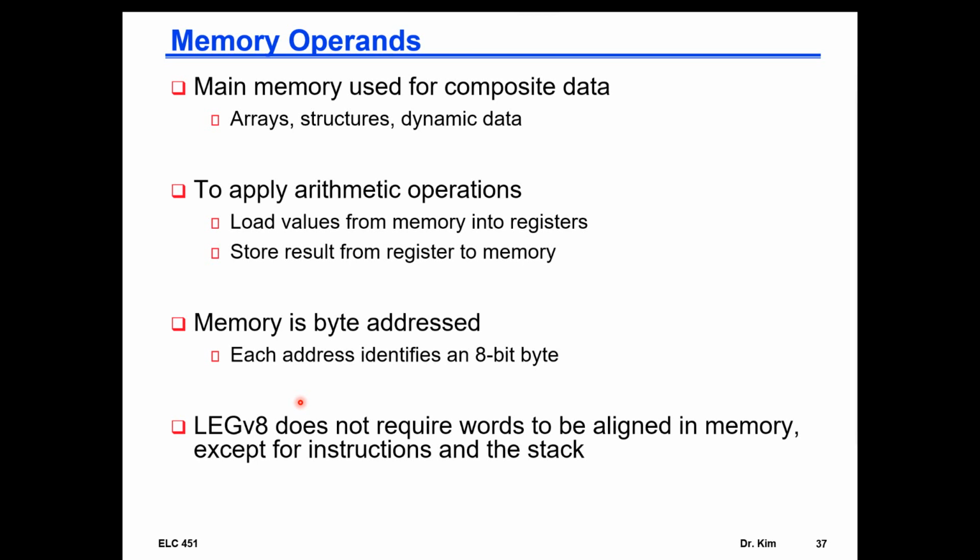So let's talk about memory operands. So everything is in memory. Memory is a unified structure, and it gets complex because of the number of caches and whether the data and the code are split and at what point.